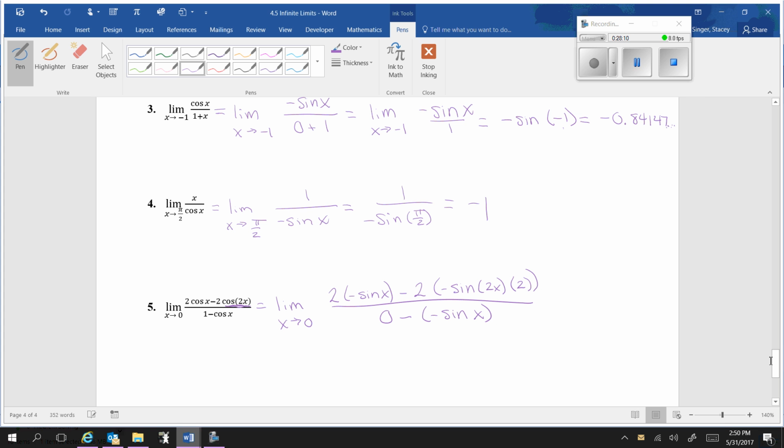So you want to make sure you simplify that first, because it looks pretty ugly right now, before you see if it's indeterminate still. But remember, indeterminate is 0 in the denominator. So 2 times negative sine would be negative 2 sine x. Negative 2 times negative sine times this 2 would become negative 4, positive 4, because the negative times the negative changes to positive, sine of 2x, divided by minus a negative sign would become a positive sine in my denominator.